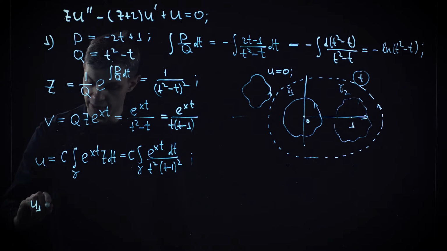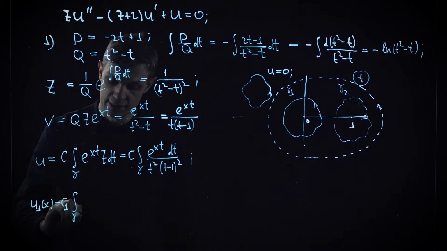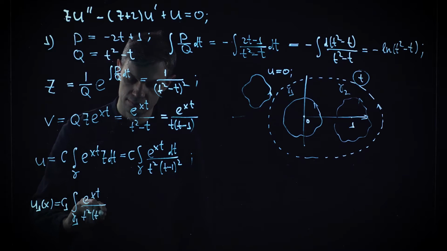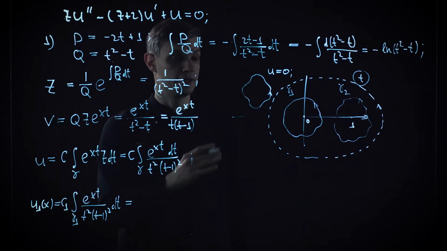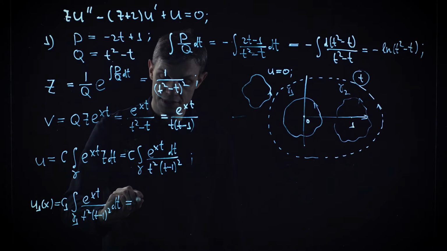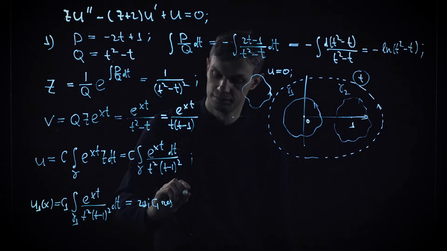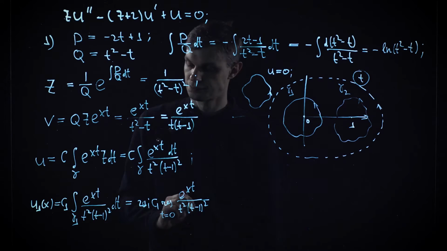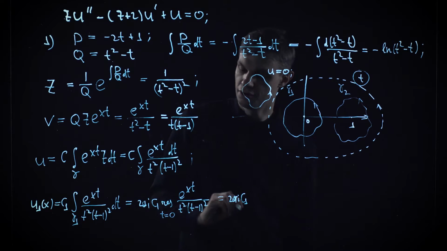So u1 of x is equal to some constant c1 times the integral over contour gamma 1. The integral is reduced to the computation of the second order residue at the corresponding pole, which is reduced to a first order derivative.